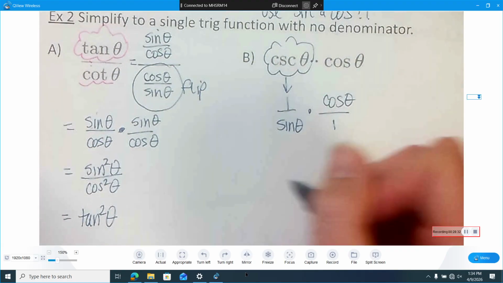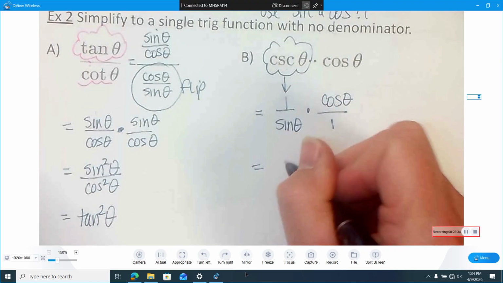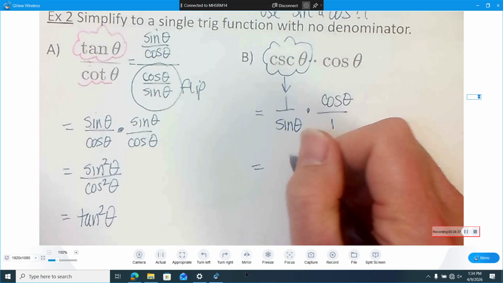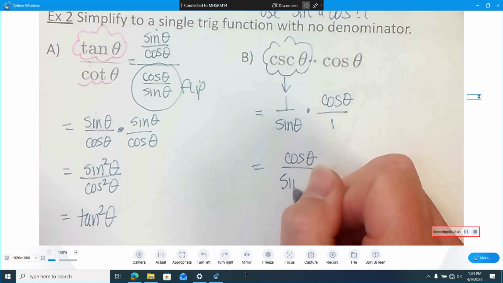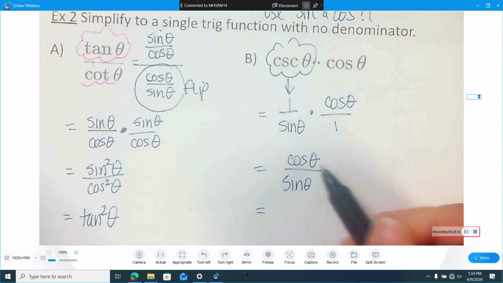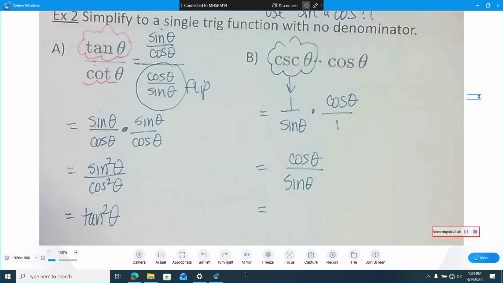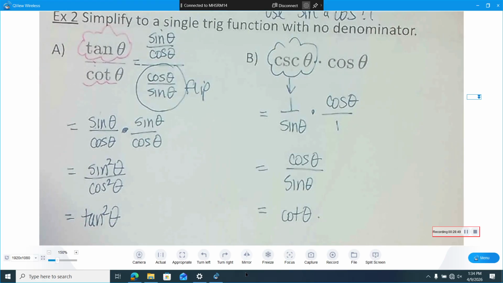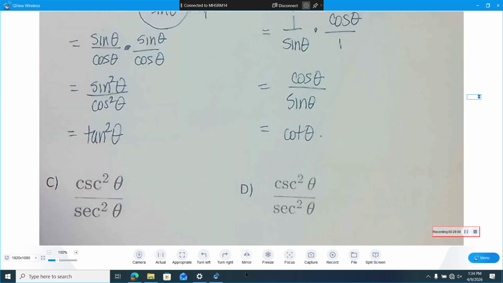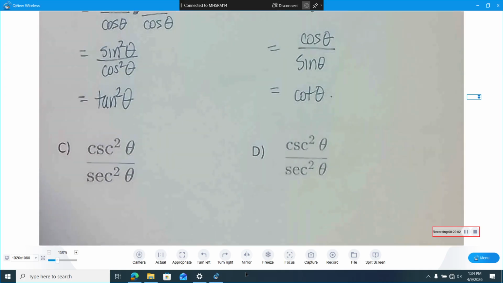That's cosine over 1. Again, if I were to multiply fractions, I go straight across. 1 times cosine theta is cosine theta, and sine times 1 is sine theta. And what is cosine over sine? Cotangent. And that's it. Not squared this time. Almost done. I hear the sighs of fatigue.